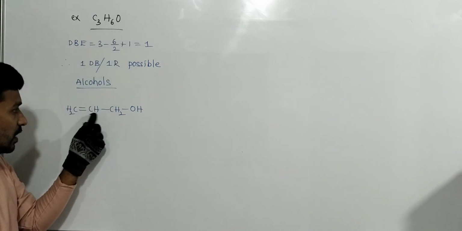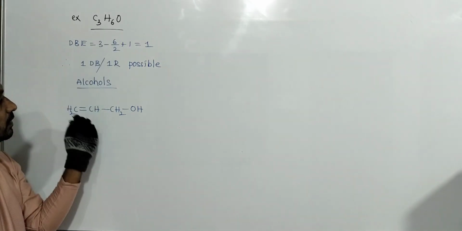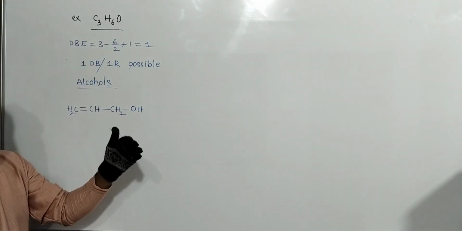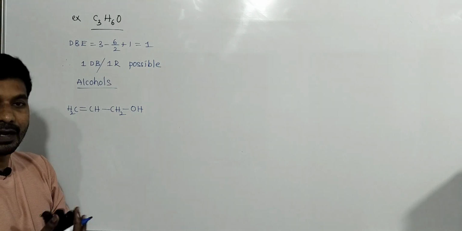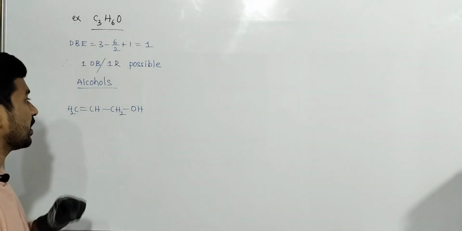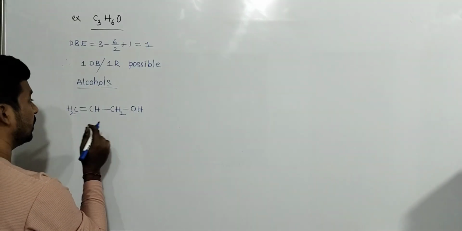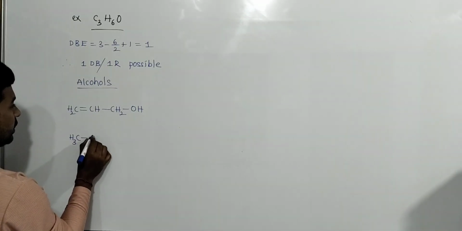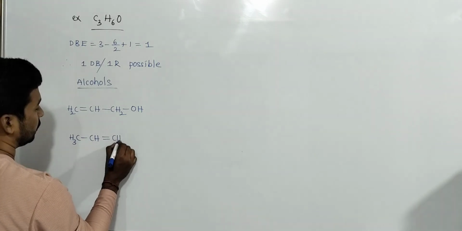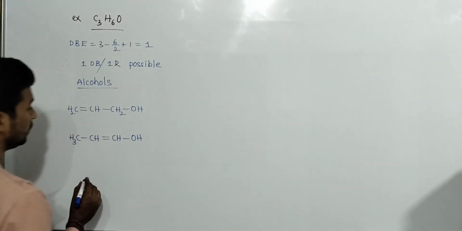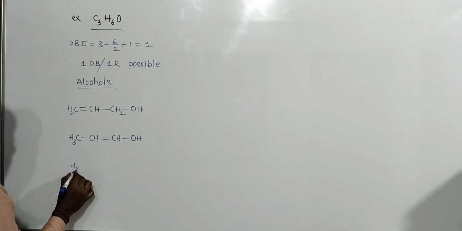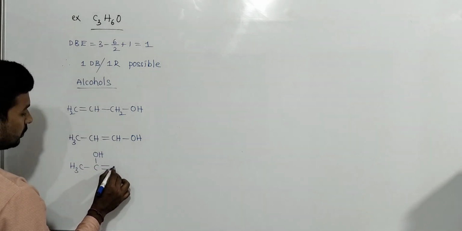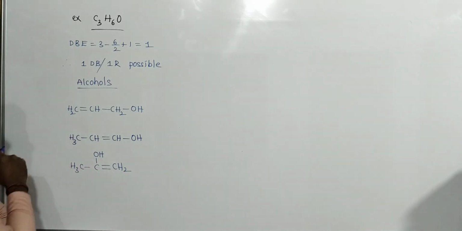But double bonded alcohols, enols, have the same formula as aldehydes and ketones; they differ from alcohols. Enol: CH3CH=CHOH is also possible, or CH3COH=CH2. 3 possible.